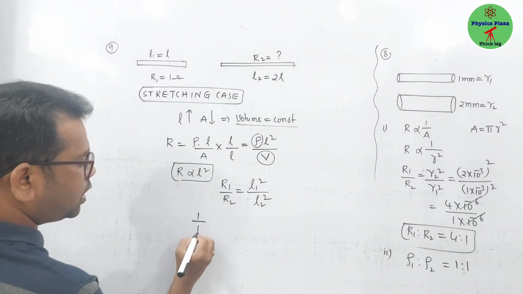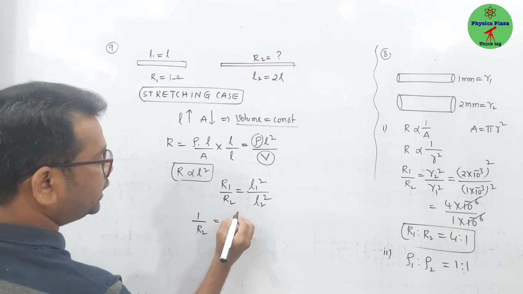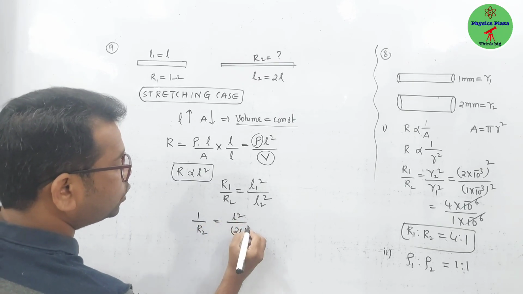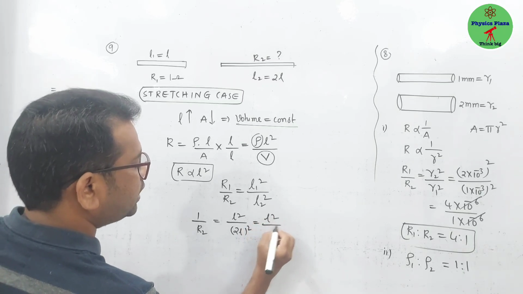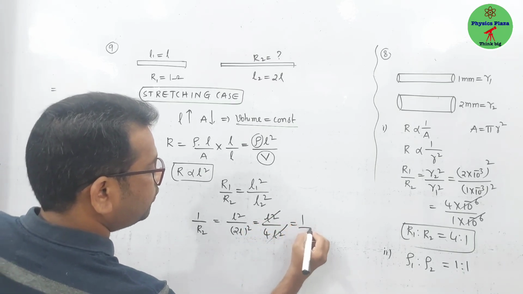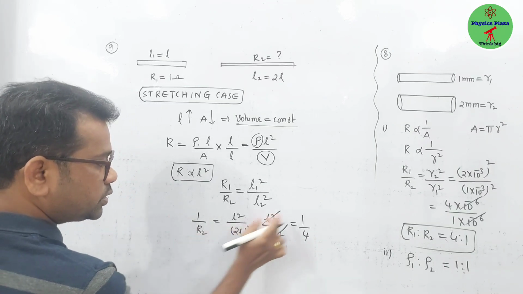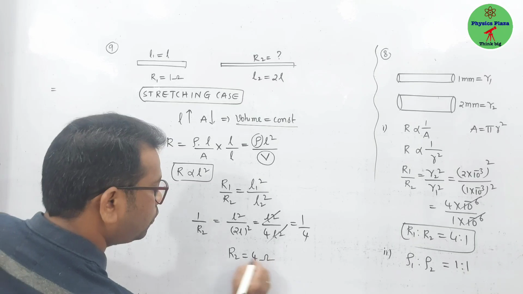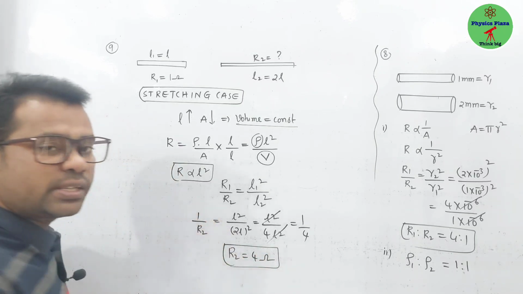R1 is 1, R2 has to be calculated. L1 is L, L2 is 2L whole square. This will be L square by 4L square. L square cancel. This will be 1 by 4. So 1 by R2 is equal to 1 by 4. Then R2 is equal to 4 ohm. That's it, children. Is it clear?